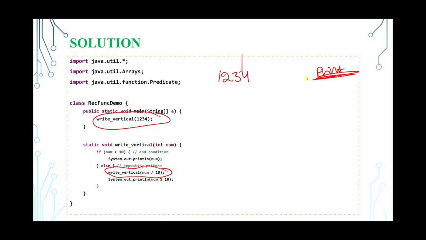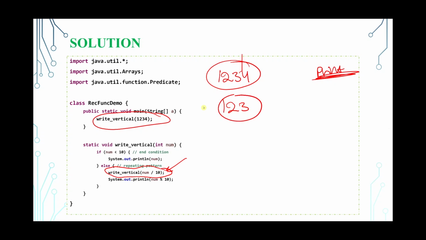We call the function on 1234, printing nothing. We checked, is this less than 10? No, this is 1234. It's not less than 10. So skip, go to else. writeVertical of num divided by 10. 1234 divided by 10, so we call it on 123.